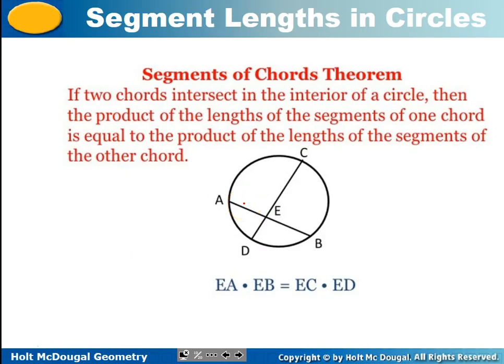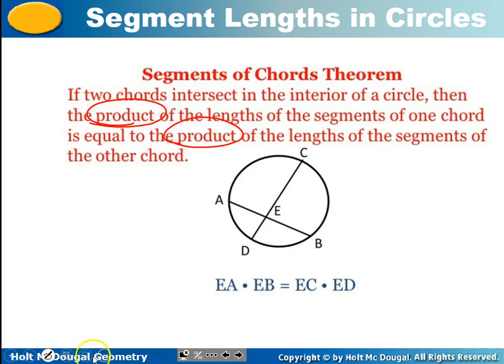So our next theorem we're going to go over today is if two chords intersect in the interior of a circle, then the product of the lengths of the segments of one chord is equal to the product of the lengths of the segments of the other chord. What does that mean? That means I'm multiplying parts, okay?